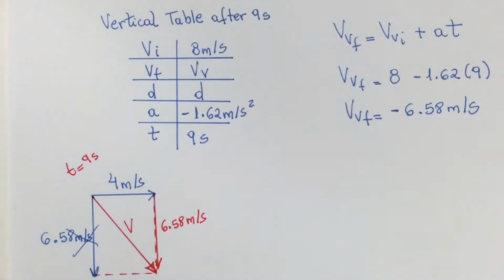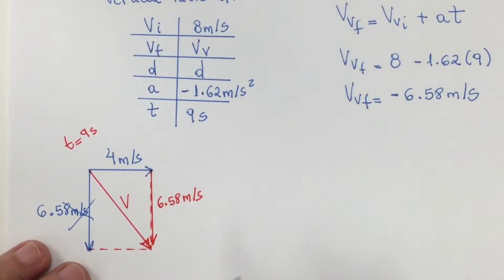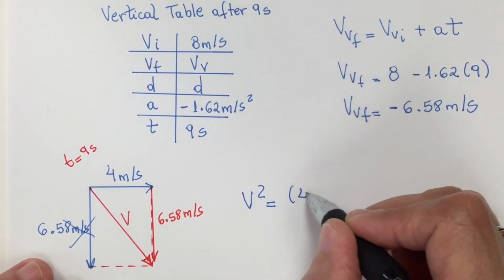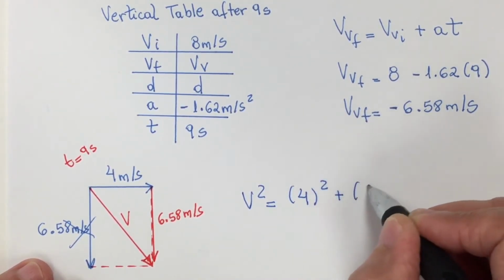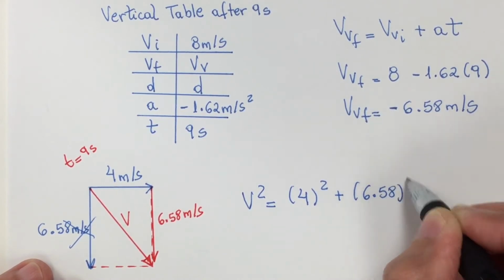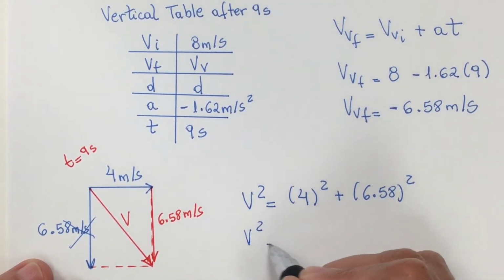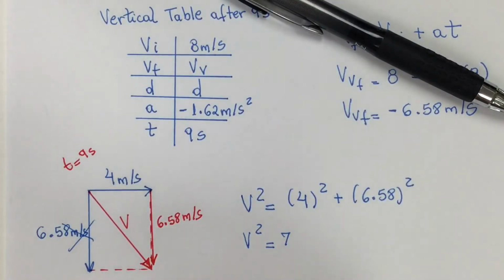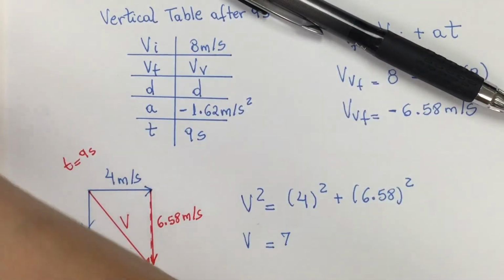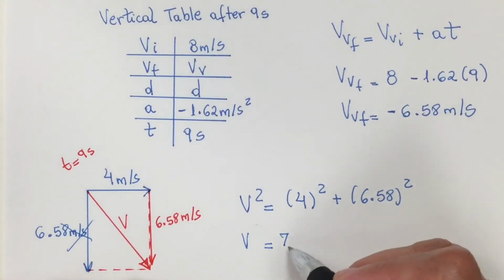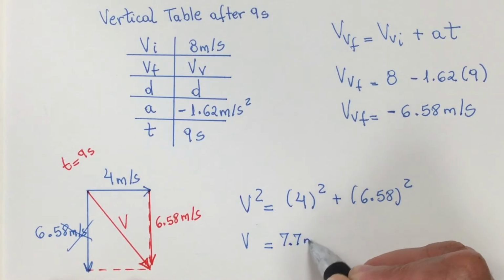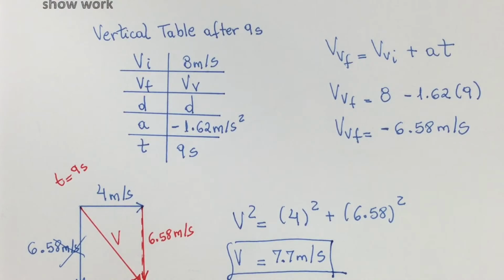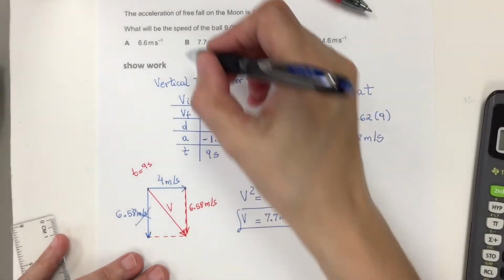I'm going to calculate the value of V using the Pythagorean theorem. V squared is 4 squared plus 6.58 squared. Not that, because I already calculated it here. That's the value. The final answer: V is 7.7 meters per second, which is option B.